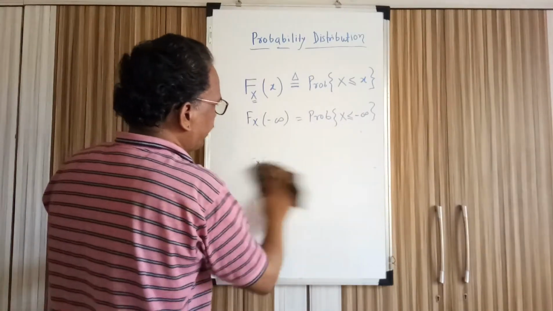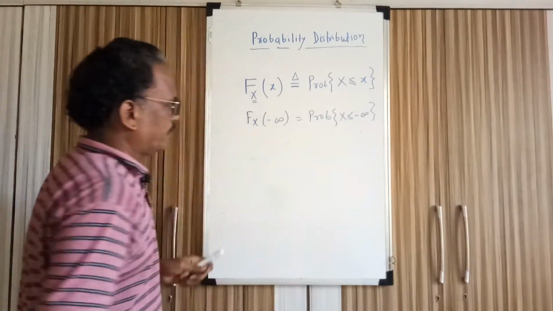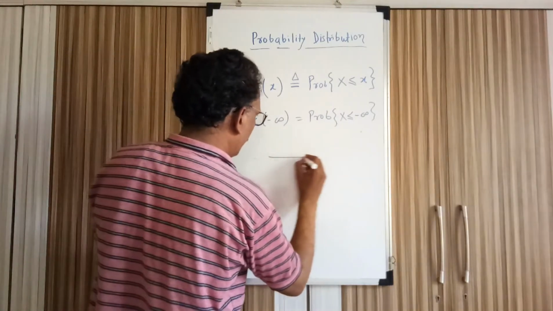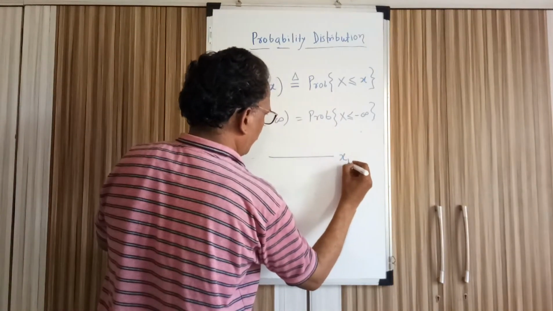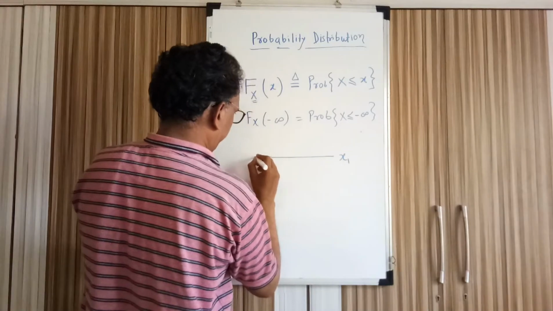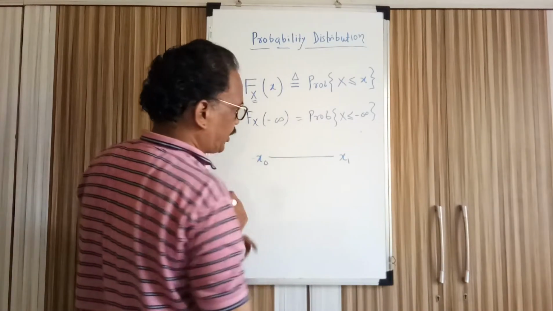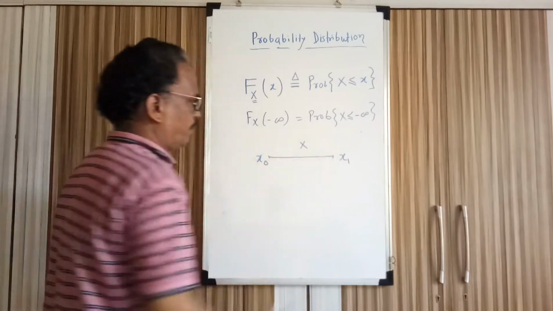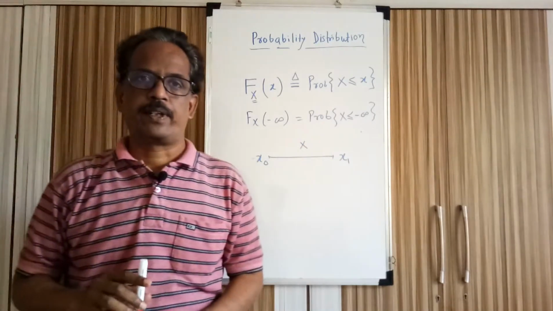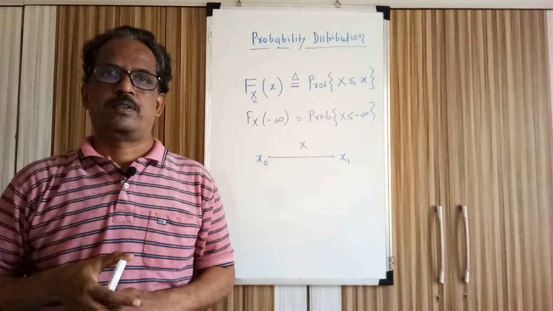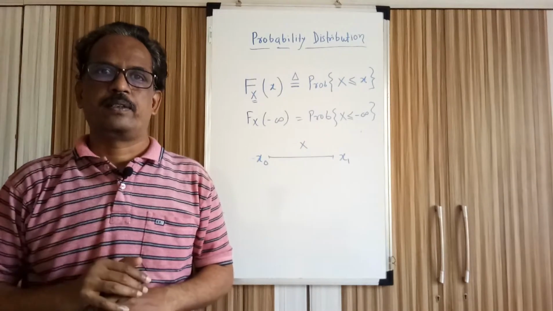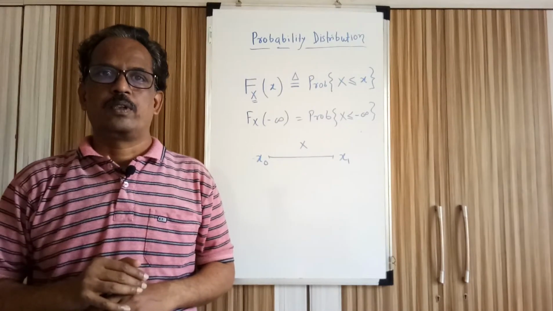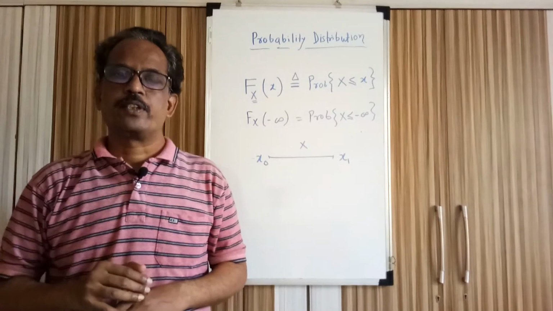Suppose random variable X is taking value between x0 and x1. In this case, how to write the distribution function for this segment?